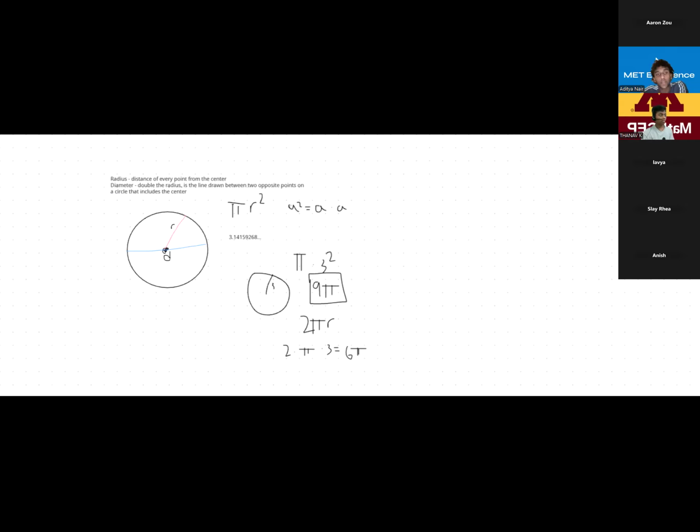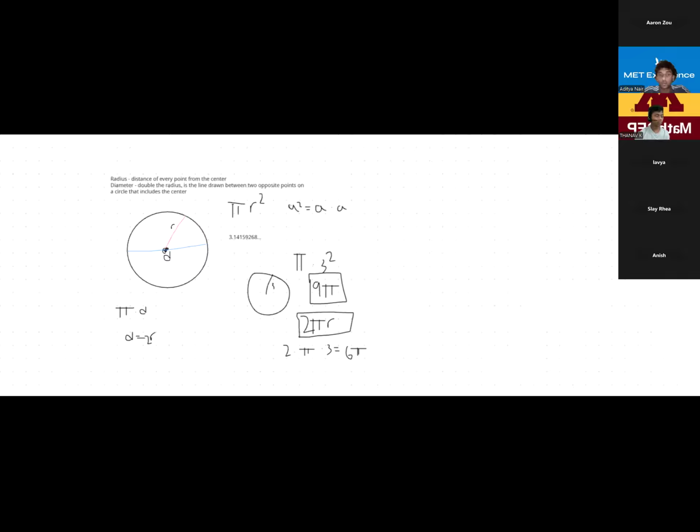And I know I wrote down before it is also equal to pi d. That's simply because 2r is equal to d, right? So d is equal to 2r. So when you see 2 pi r, you see pi d, they mean the same thing simply because 2r is equal to d. 2 pi r is the more common variant of this formula you'll see.